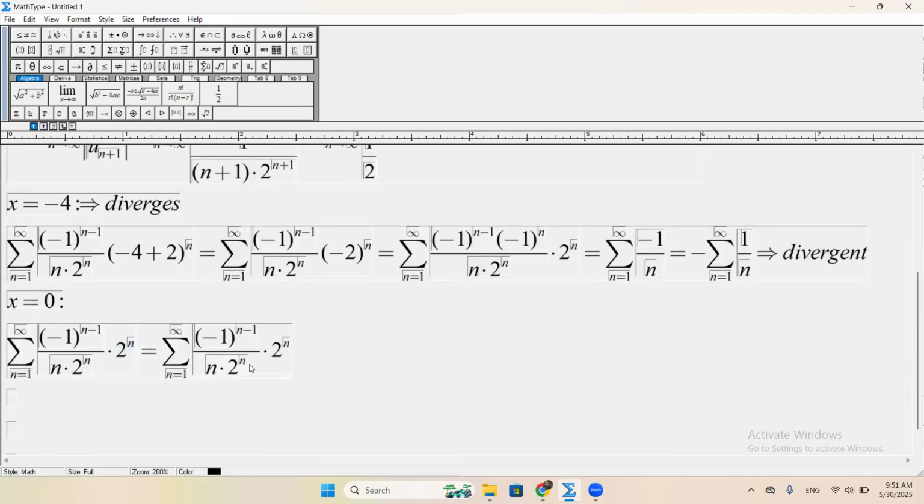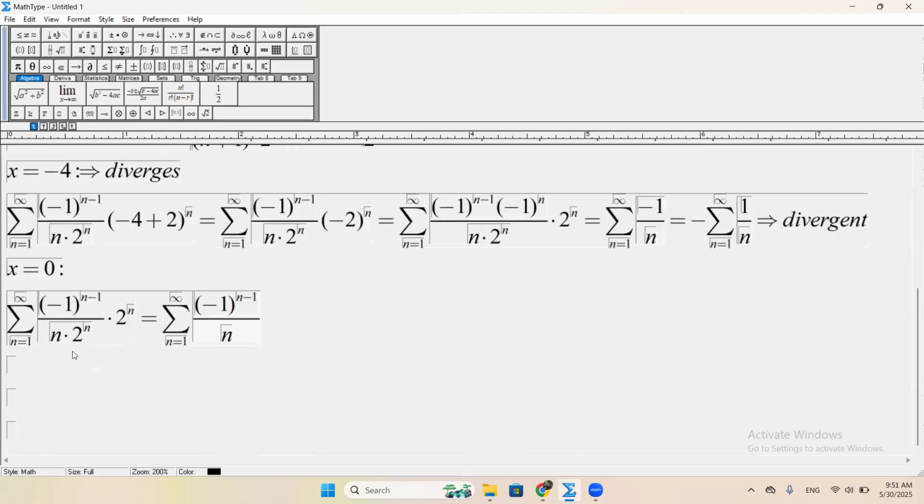After simplifying, we will receive the following series. So we will receive an alternating series, and we will use the Leibniz test for it. Reminding you of the Leibniz test.